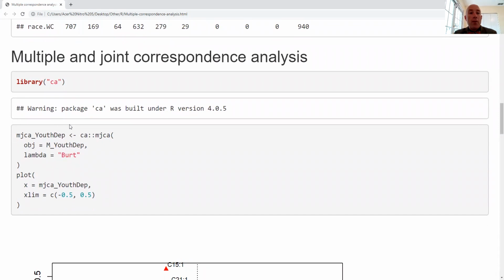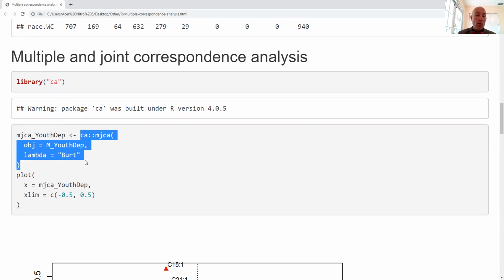All right, so now let's actually execute multiple correspondence analysis. So we are going to do multiple joint correspondence analysis. We're going to use the correspondence analysis package, CA, and our method is going to be the Burt matrix. This function is going to compute the Burt matrix.